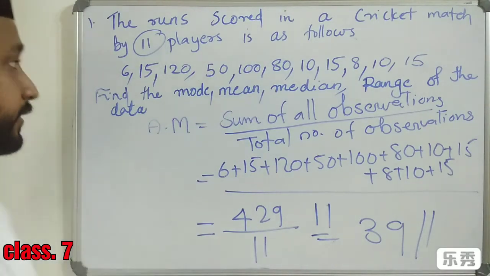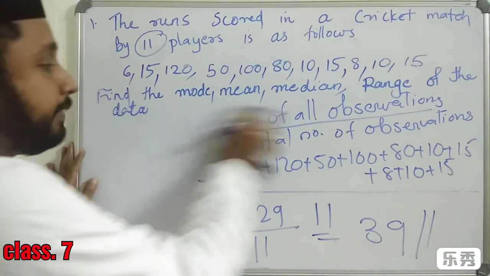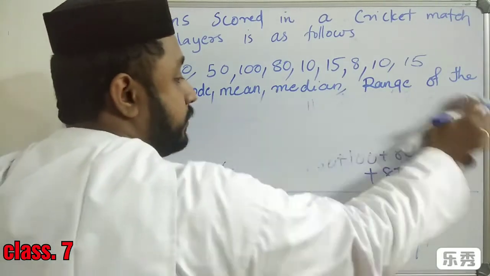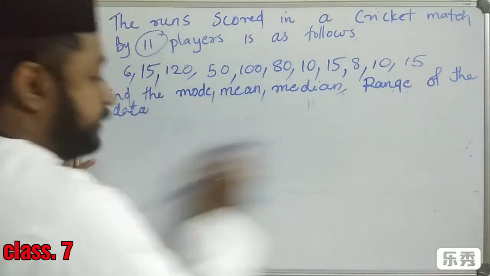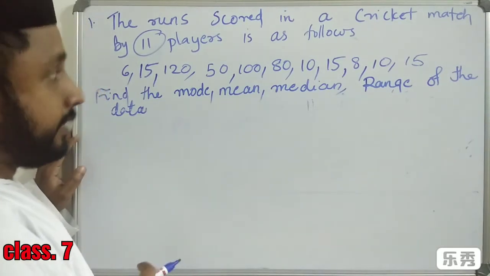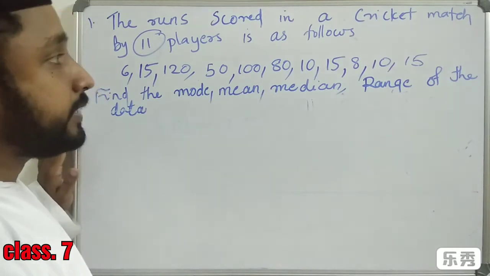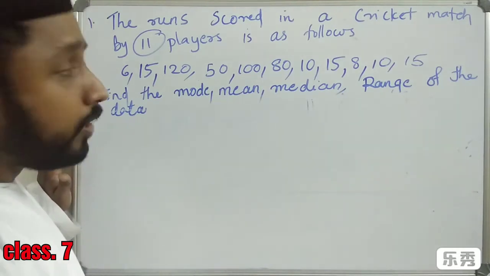Now let us find the median. The middlemost observation is known as the median. In order to find the median, first we have to arrange the data in ascending or descending order.